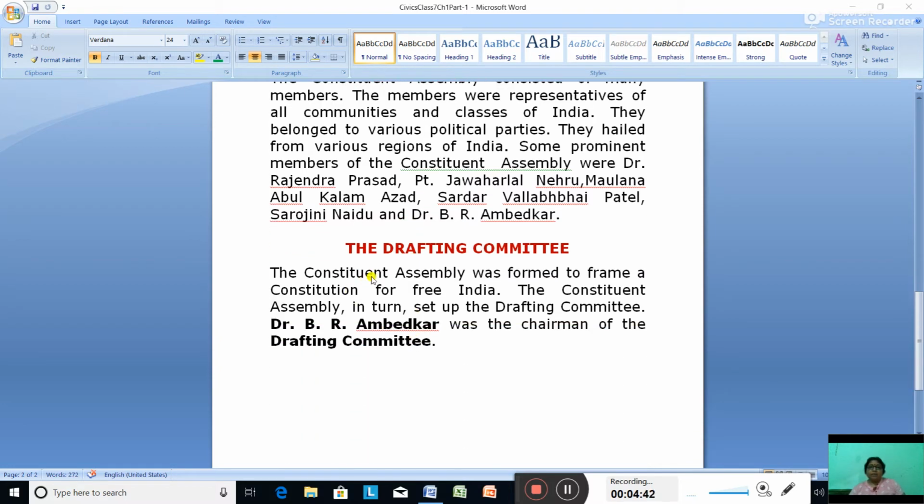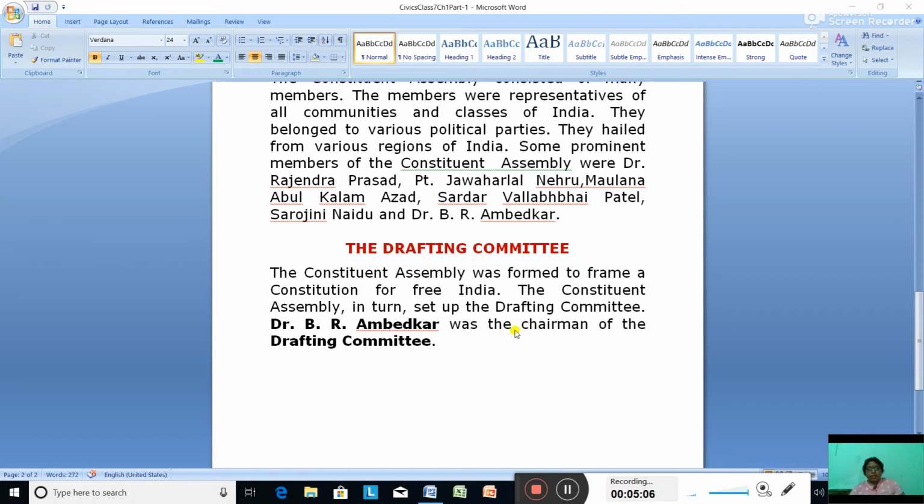Next, you have the drafting committee. The Constituent Assembly was formed to frame a constitution for free India. The Constituent Assembly in turn set up the drafting committee, and Dr. Ambedkar was the chairman of the drafting committee.